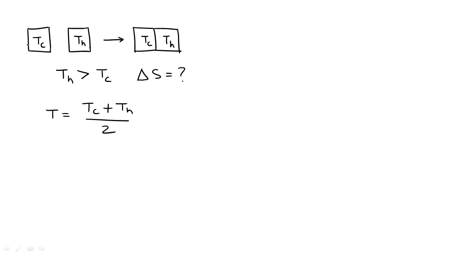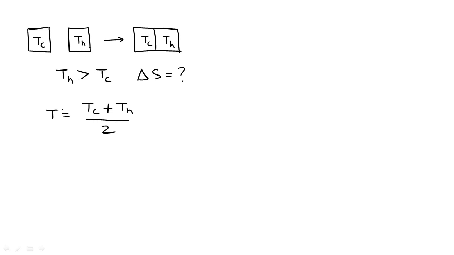That, for heating the cold object, would amount to putting this object on a thermostat which has initially the same temperature as Tc, and then increasing the temperature very slightly to Tc plus delta T and allowing it to equilibrate, and then increasing the temperature further and keeping on repeating this process all the way till the temperature becomes the final temperature T.